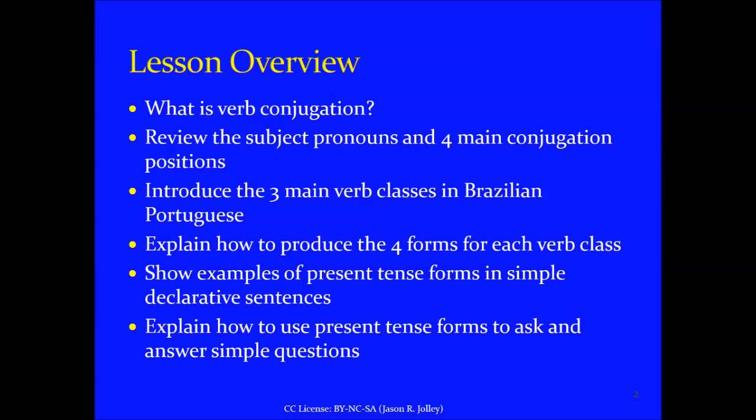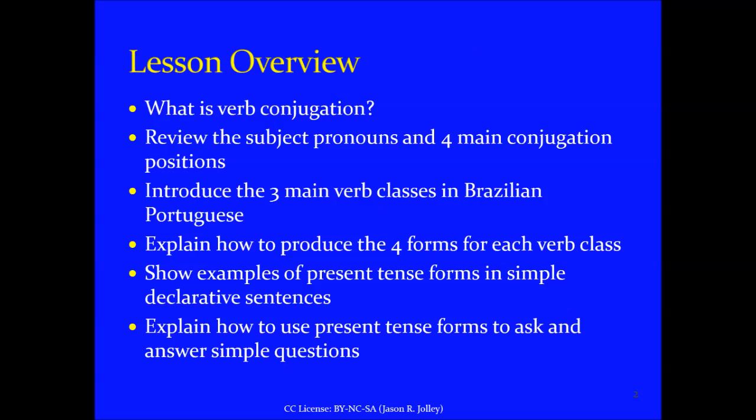Okay, so just to give you a brief overview of what we'll be talking about, first we're going to look at what is verb conjugation, just so we all know what we're referring to. Secondly, I'm going to review the subject pronouns in Brazilian Portuguese, which we covered, I believe, in lesson 3, and I'll point out the 4 main conjugation positions.